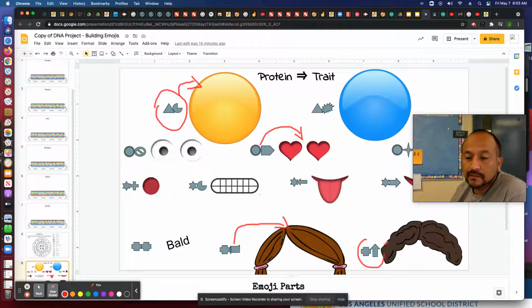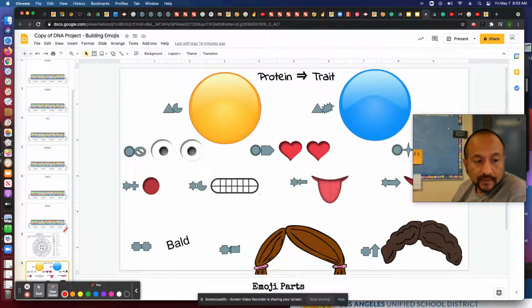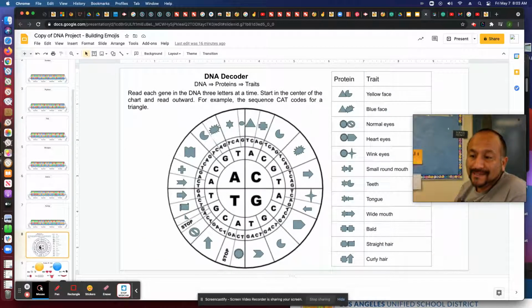These are the proteins, and the proteins form curly hair, or the proteins might form straight hair, or there might not be enough proteins, and you end up with a bald emoji. Okay, so this DNA decoder is the key to figuring out what we need.